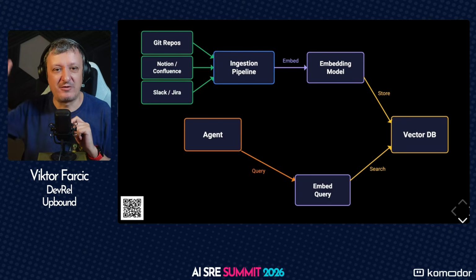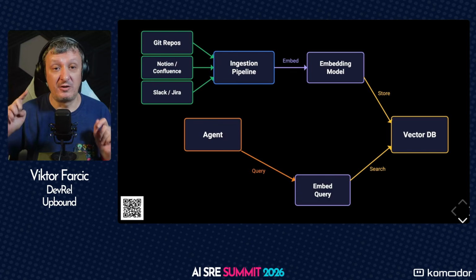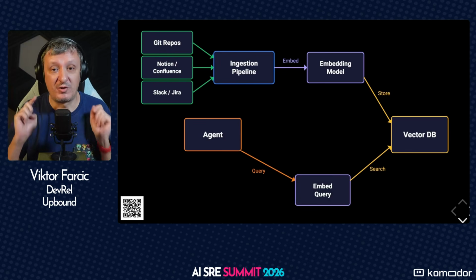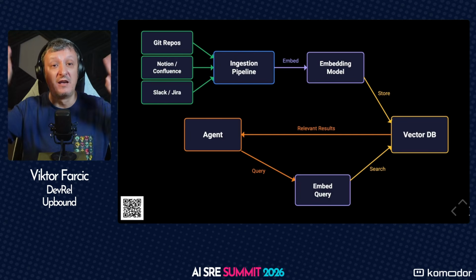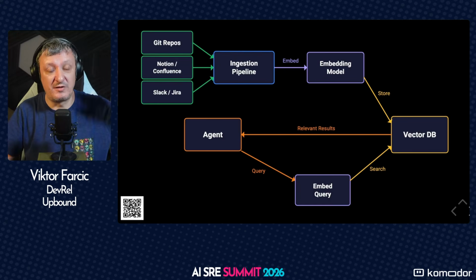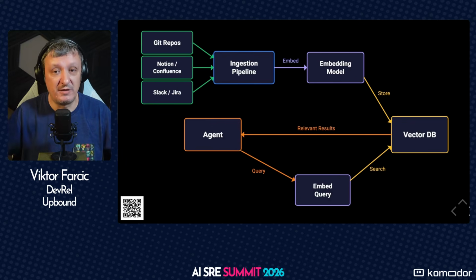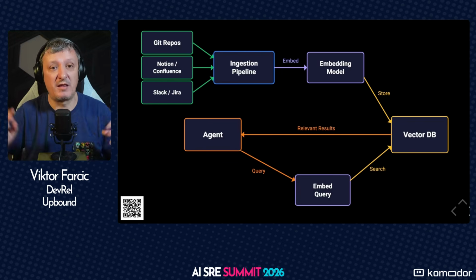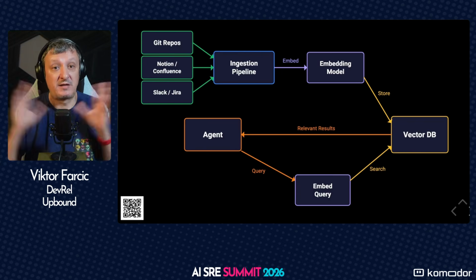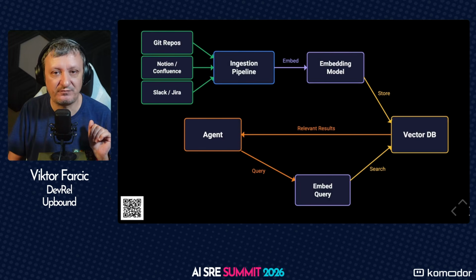It finds records that are very similar to what you're looking for, not the same, similar, proximity, and then returns them to the agent. The agent knows, okay, I found these three documents, or three chunks, as we call them, that are related to deployment of the database. Now I know how you deploy databases in your organization, right? And it passes that to the LLM. The LLM all of a sudden has extended its knowledge and knows how to do it within the context of your organization.